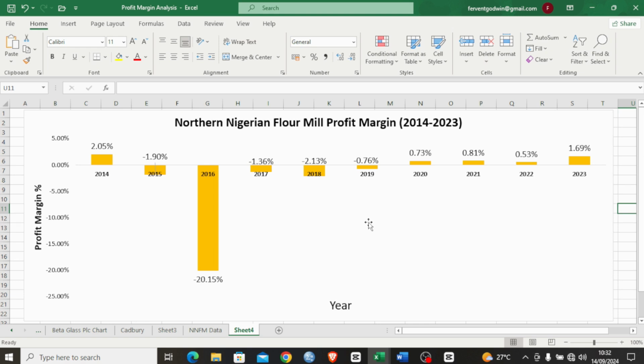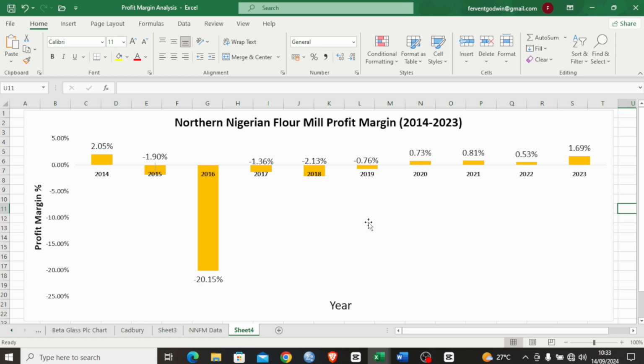NNFM has also received several awards, including the best flour mill in Nigeria award at the 2019 Nigeria Manufacturing Excellence Award. They also engage in community development initiatives such as supporting local farmers and providing training programs.